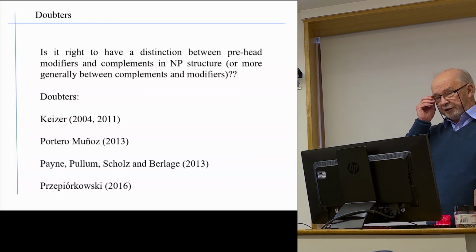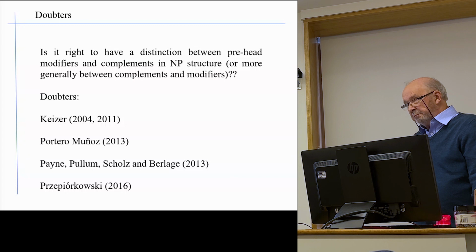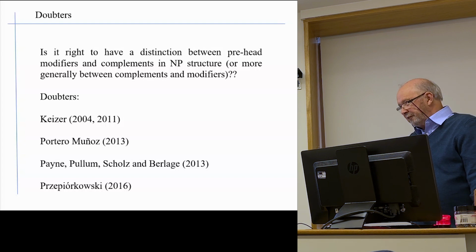So, question then, is it right to have a distinction between pre-head modifiers and complements in NP structure, or more generally between complements and modifiers? That's a huge edifice. There are people who have doubted this.